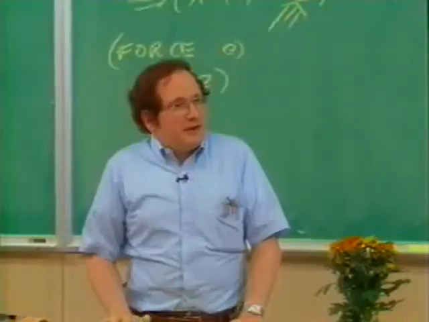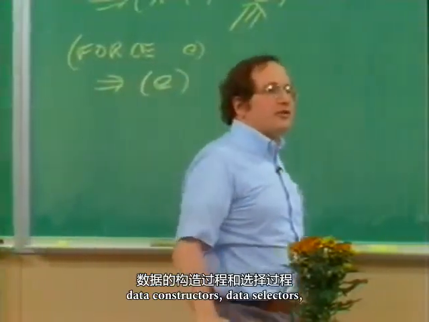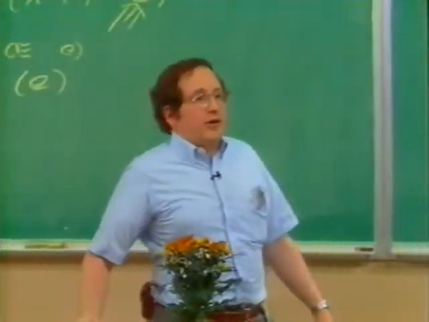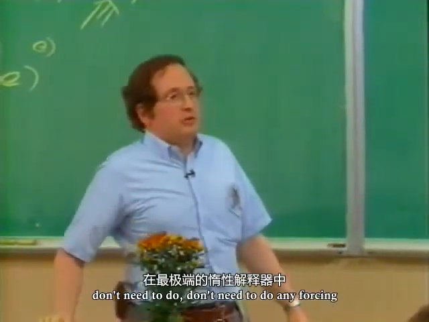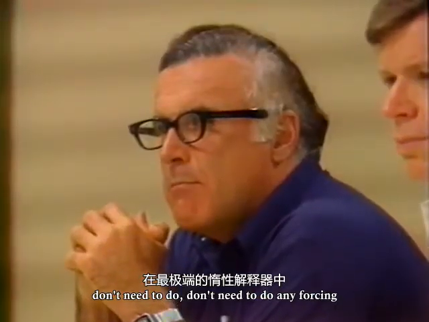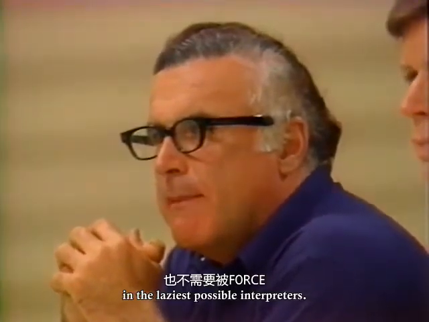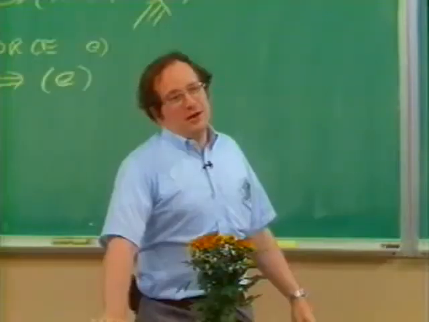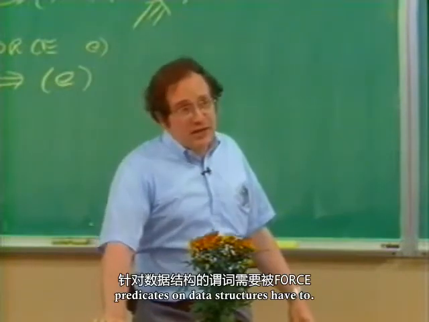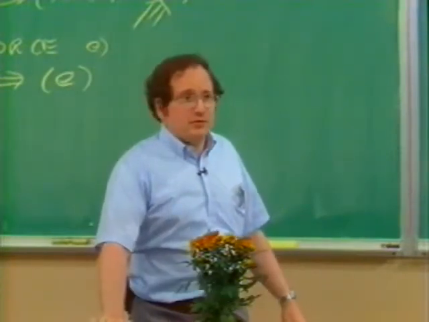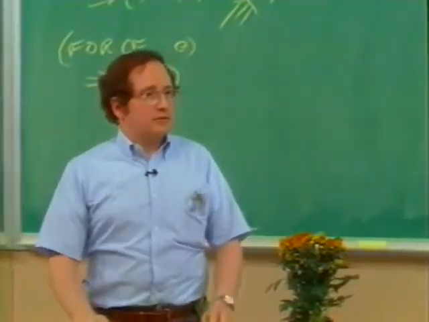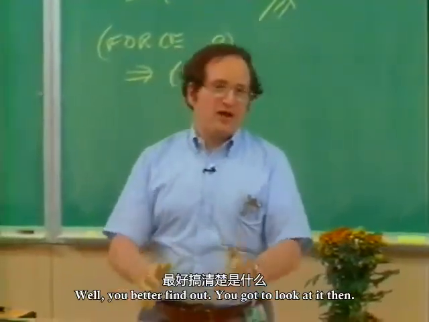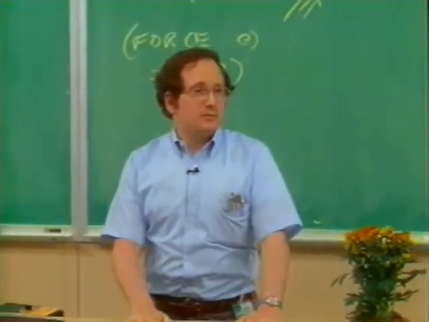So in fact, data constructors, data selectors, and things that side effect data objects don't need to do any forcing in the laziest possible interpreters. On the other hand, predicates on data structures have to. If you want to say, is this a pair? Or is it a symbol? Well, you better find out. You've got to look at it then.